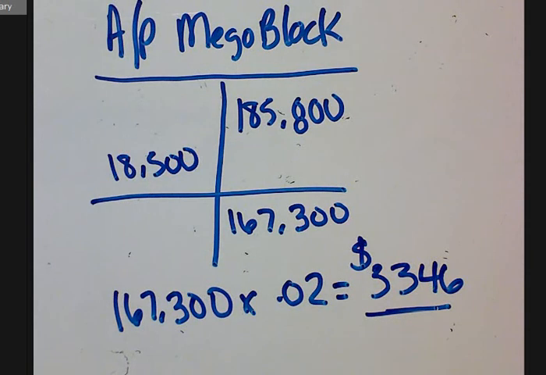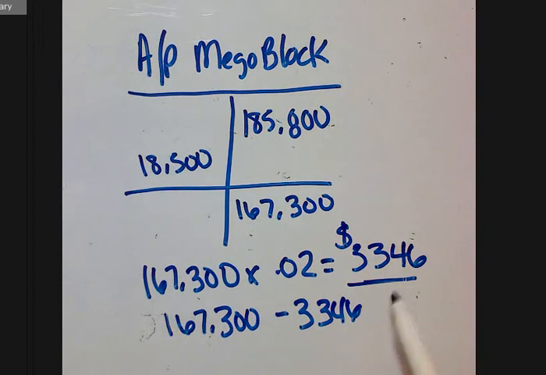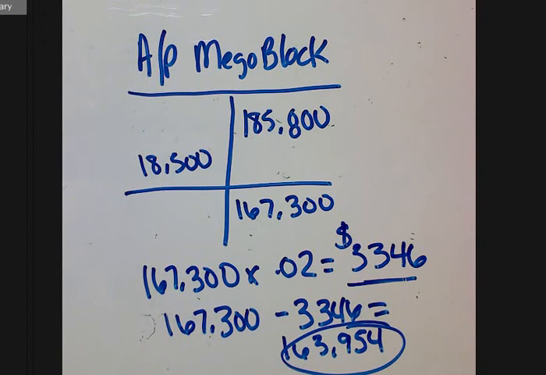Let's calculate how much cash we're going to need to pay off this company. It's going to be $167,300 minus our cash discount, $3,346. We're going to owe them $163,954. That's how much cash we're going to owe Mega Bloks.